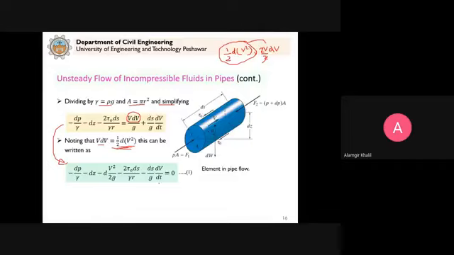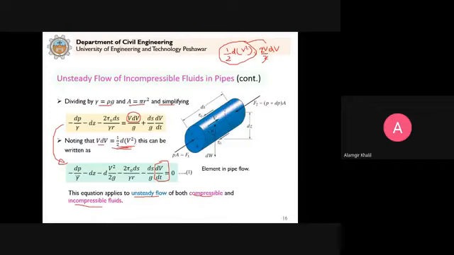So let's say this is equation number 1. This equation is now applicable for unsteady flow. Why do we have unsteady flow? Velocity is changing with respect to time. So this equation is for unsteady flow. And it is applicable to both compressible and incompressible fluids. Why?